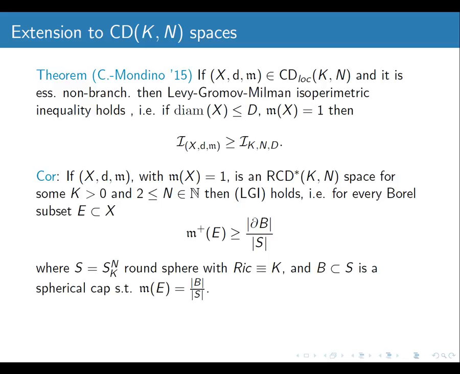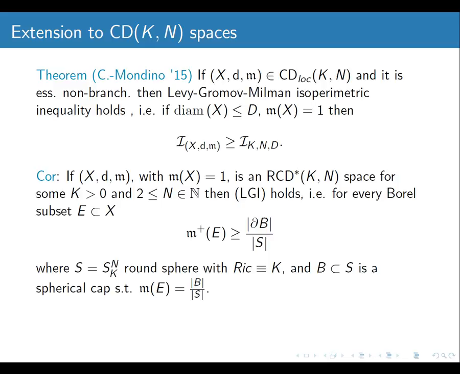RCD is stronger than CD-loc, and it implies that if you give me any Borel set E, then the Minkowski content of this set is larger than the boundary measure of the spherical cap with the same measure as E, renormalized by the total volume of the sphere, where this S is again the sphere of constant curvature k and dimension the capital N.